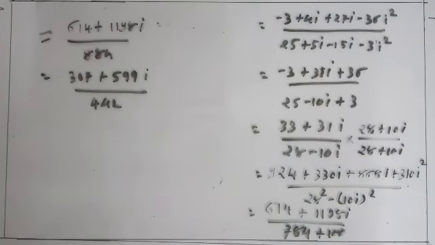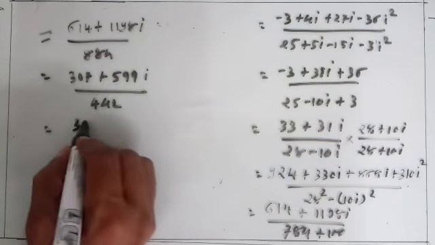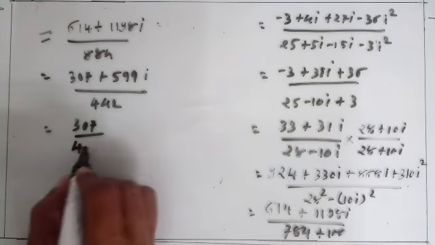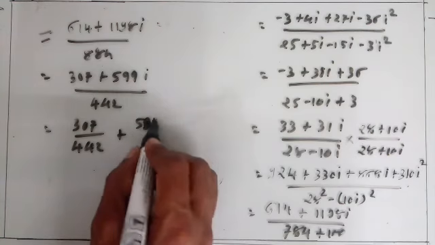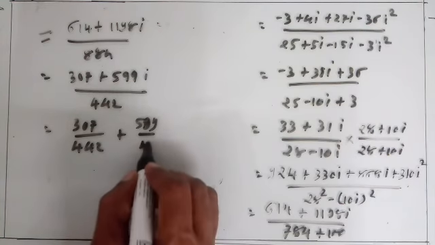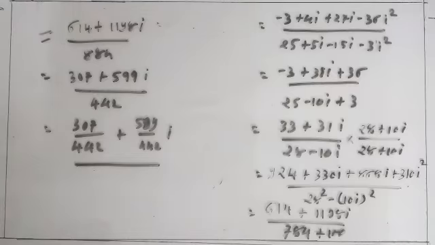Okay, so we get the standard form, 307 upon 442 plus 599 upon 442i. Clear?